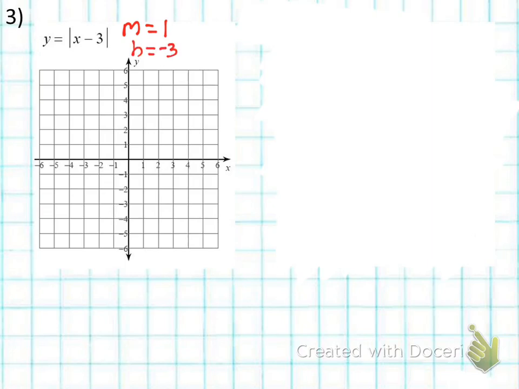C? 0. Good, okay. So if that's the case, what's my vertex going to be? Slow, nice and slow. So we got negative B over M. So what's my vertex going to be? Wouldn't it be 3 over 1, which is 3?